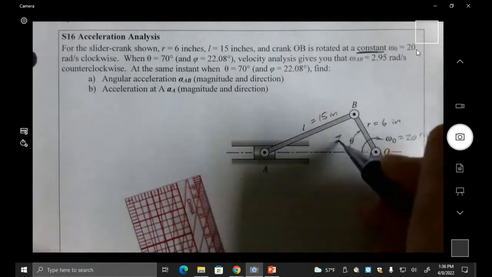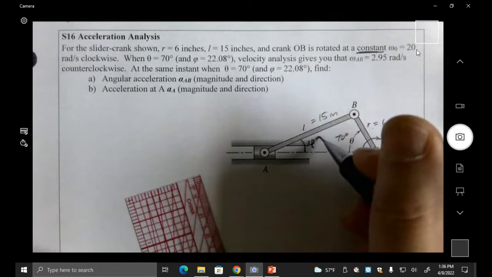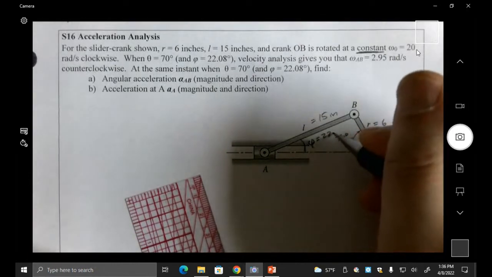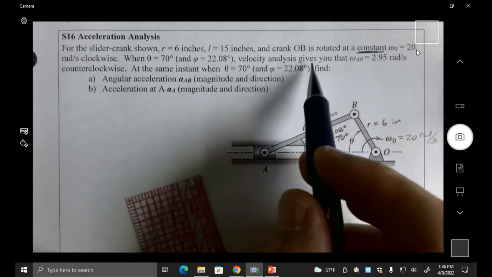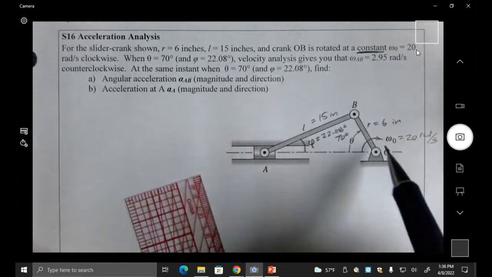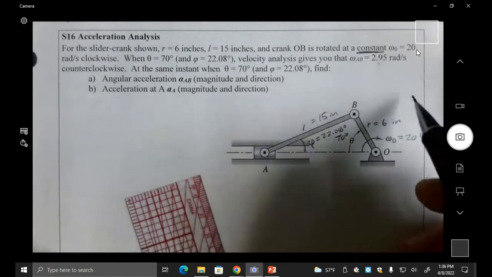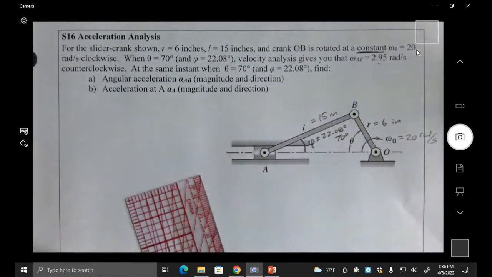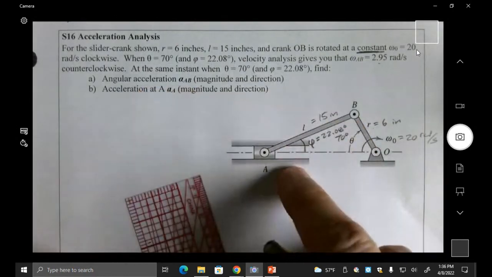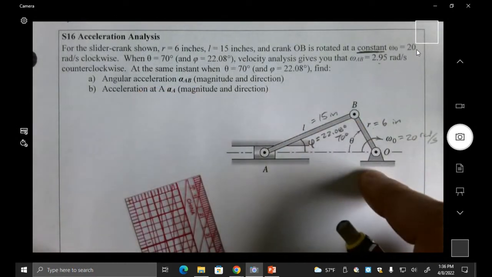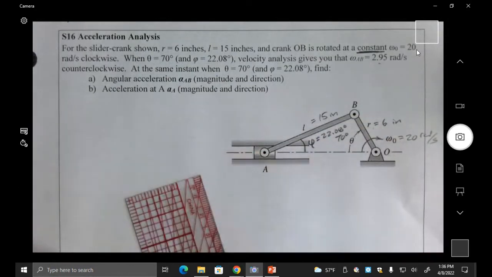When this is 70 degrees, and this ends up being 22.08 degrees, to save you a little bit of time, velocity analysis gives you that omega AB is 2.95 radians per second counterclockwise, although that doesn't matter. At the same instant, find the angular acceleration of AB and find the acceleration of A.